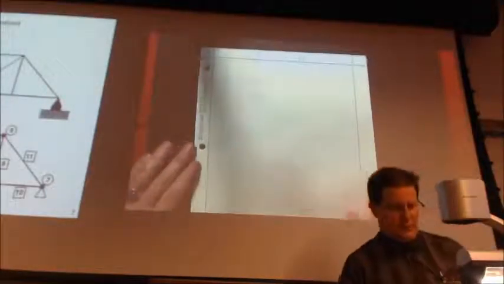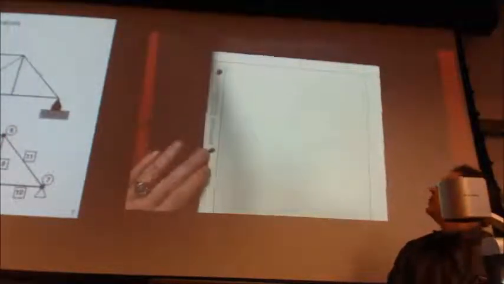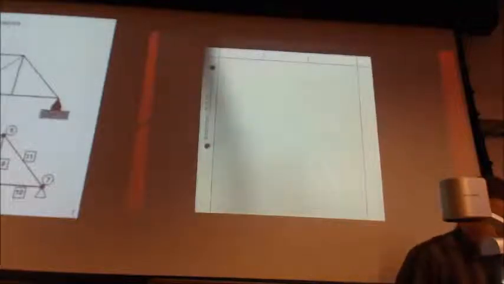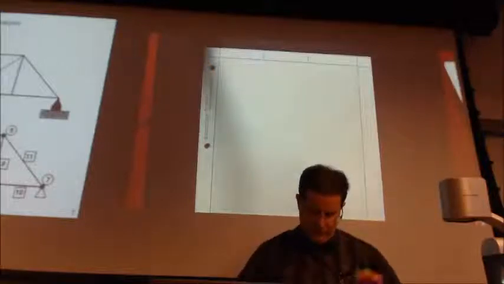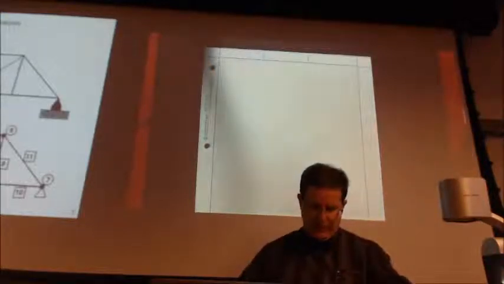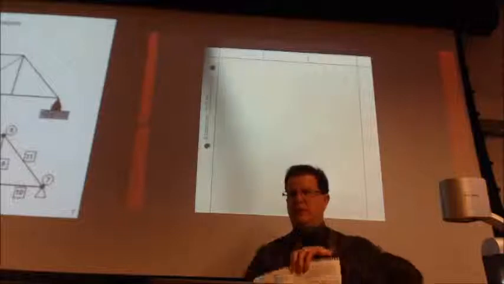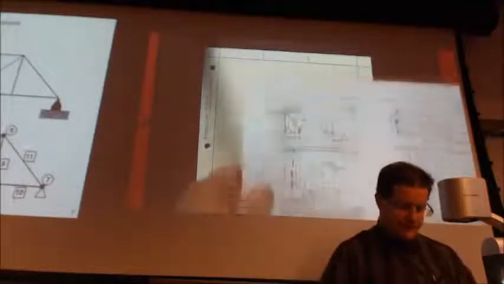It seems to work pretty well without this light even on there, so we'll go that route. We're going to do the first problem by hand, and then we're going to do it in Patran.